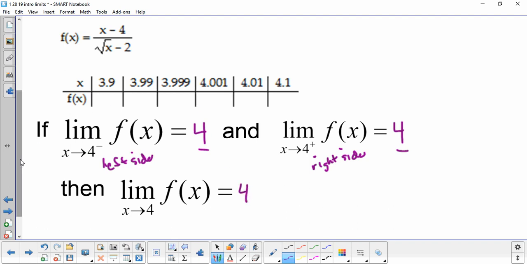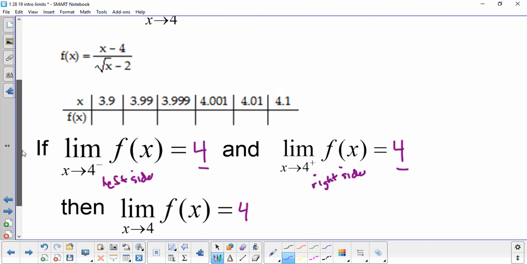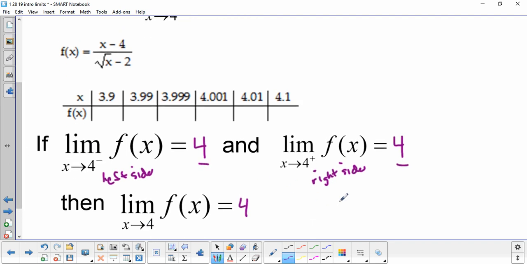The limit is 4. Even though f of 4 is 4 minus 4 over the square root of 4 minus 2, it actually is 0 over 0, which is undefined. We'll talk more about what that is in a little bit. But yeah, there's an undefined value there, but yet the limit exists.